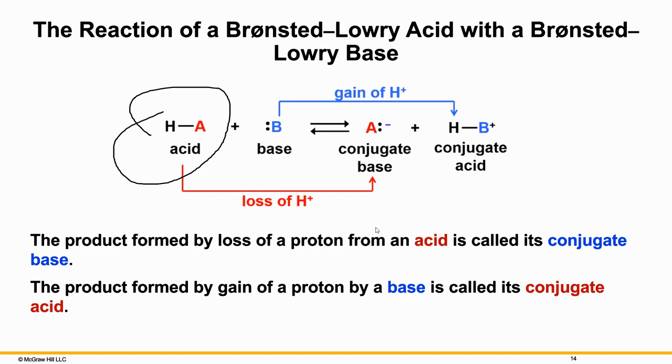So you're looking for the pair. They have to differ by a hydrogen. One's going to be the acid, one's going to be the conjugate base. Some might fit in more than one spot, so you have to reasonably look at it.